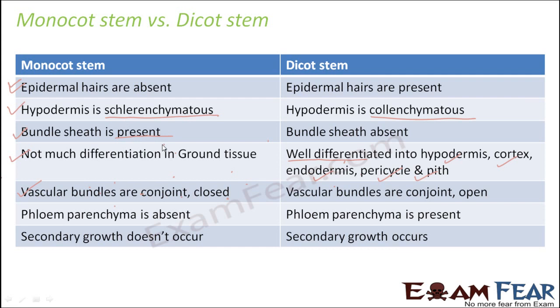In the monocot stem, phloem parenchyma is absent, whereas in the dicot stem, phloem parenchyma is present. Secondary growth, most importantly, doesn't occur in the monocot stem, whereas secondary growth occurs in the dicot stem. This secondary growth happens due to the presence of the vascular cambium, which later gives rise to secondary xylem and secondary phloem.